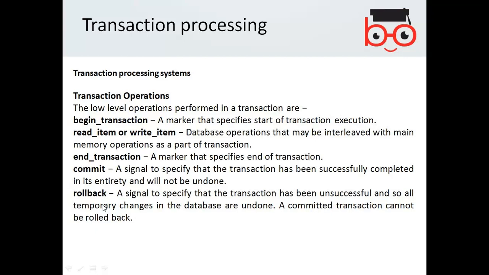For example, if you want an amount to be moved from one bank account to another bank account, then one account will be debited and the other account will be credited. And if your money was taken from your account but it could not reach the other account, then the overall transaction will be rolled back and your amount will remain as it is.